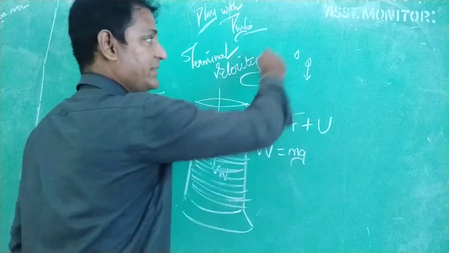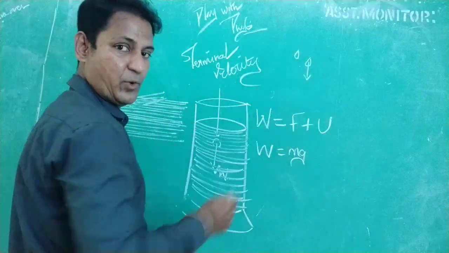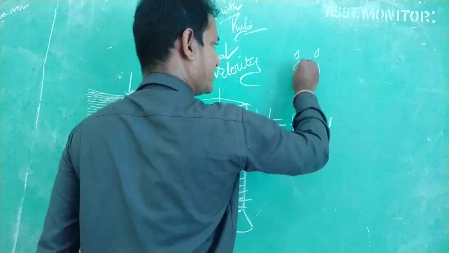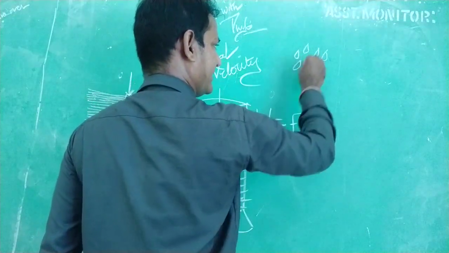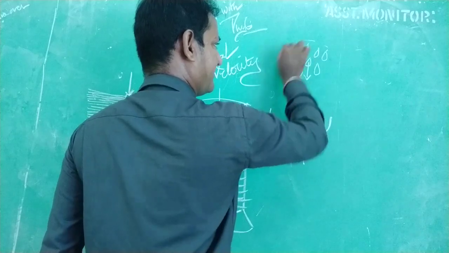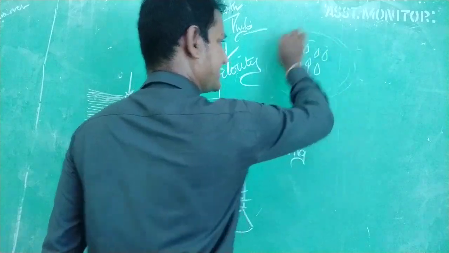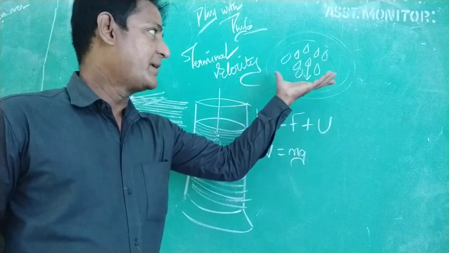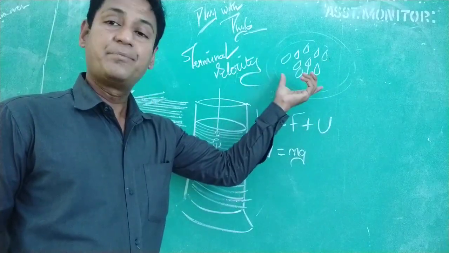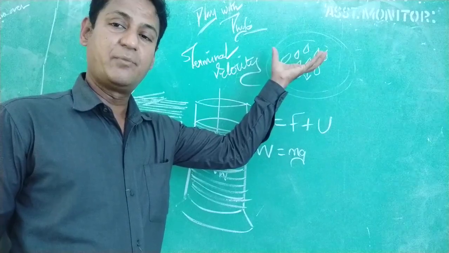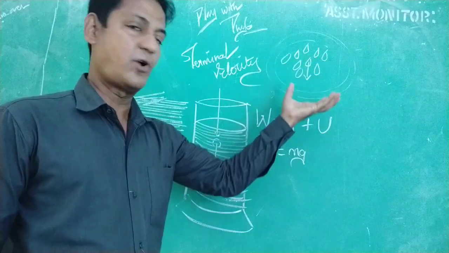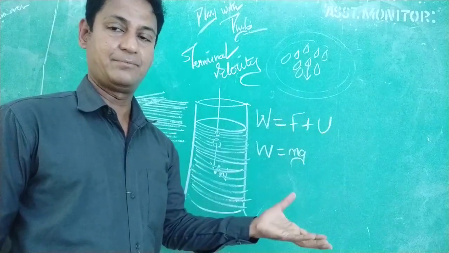Now, when so many of these water drops combine together, and they grow to a bigger size, then they attain a terminal velocity, so they drop as rain.